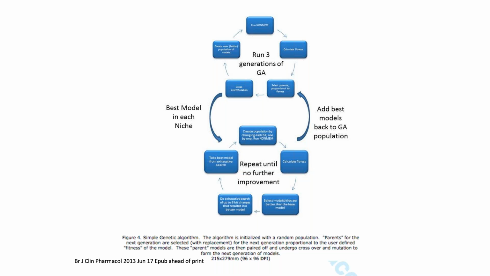Calculate the fitness and select models that are better than the base model. So you're basically doing an exhaustive search of up to 6-bit changes that resulted in a better model in this early implementation. And this was set initially to run every 3 generations. Currently it's set for every 5, but you can customize that.